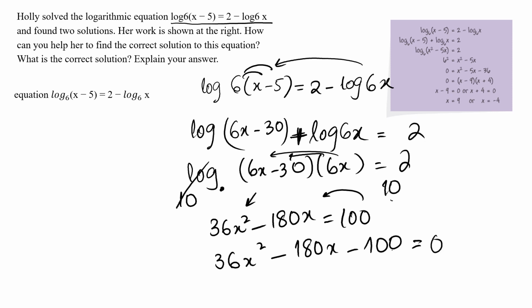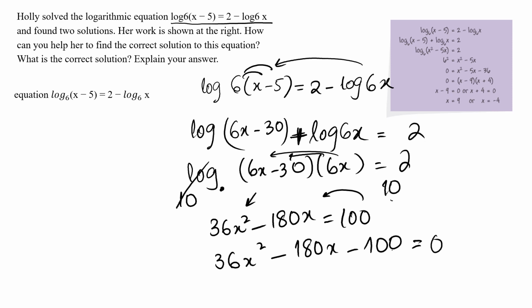Now factor it. Either do it manually by taking the common factor. First of all, take the common 2 and solve it. Otherwise, if you are using a calculator, either graphic or any scientific calculator, factor it by writing 36, negative 180 and negative 100 and get the answer. So you will get the two answers.